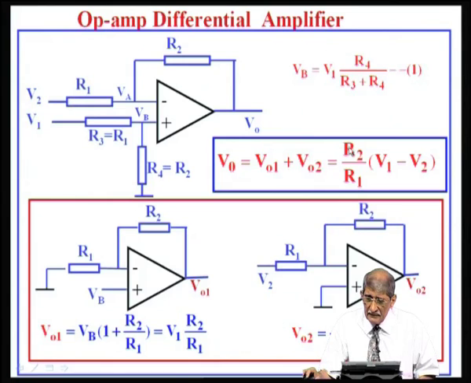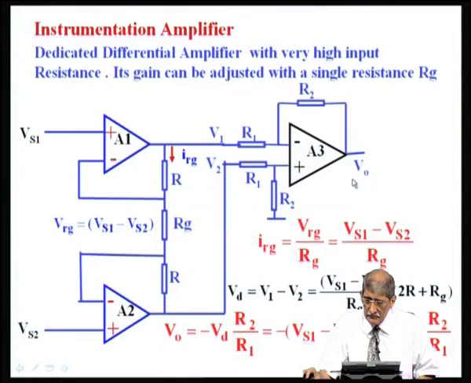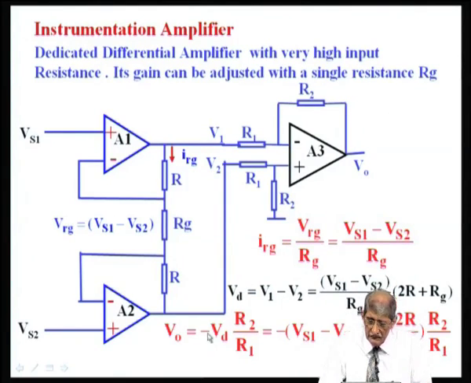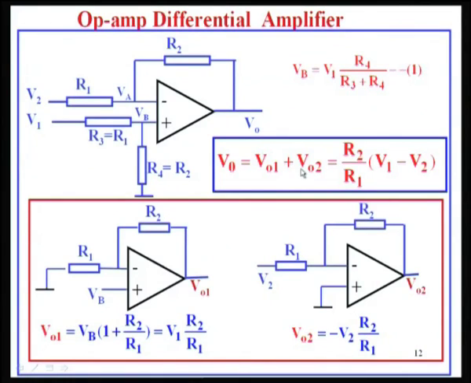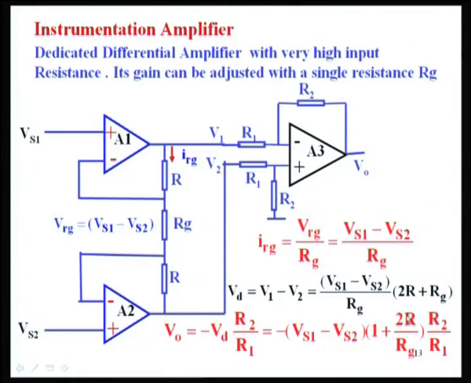Notice in the previous case it is R 2 by R 1 into V 1 minus V 2. Okay. So, in this case the output voltage will be VS1 minus VS2 into R 2 by R 1, as in the previous case, multiplied by a factor 2R divided by RG, that is obtained by connecting this like this.